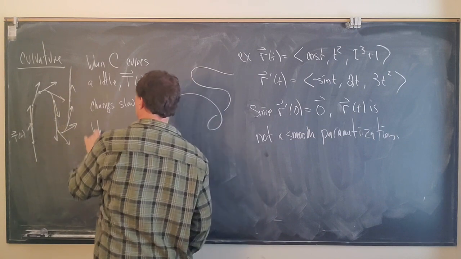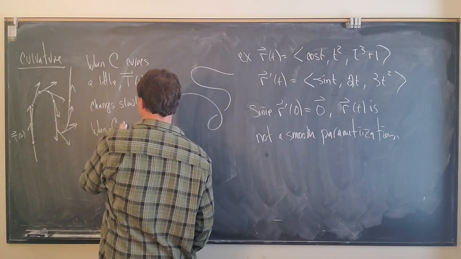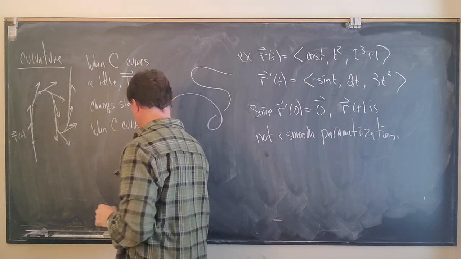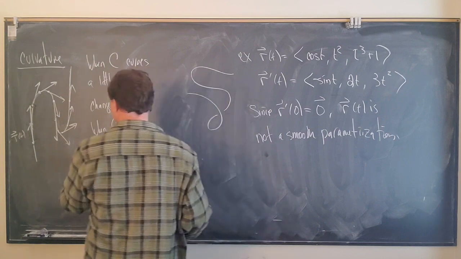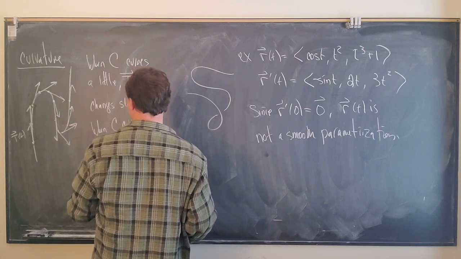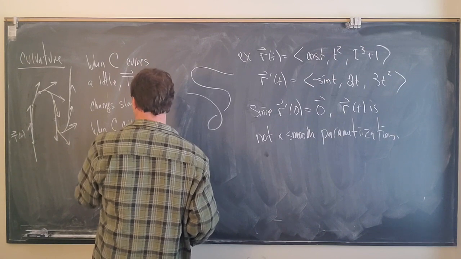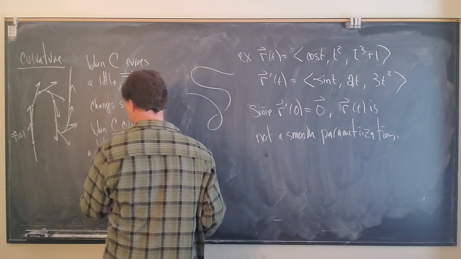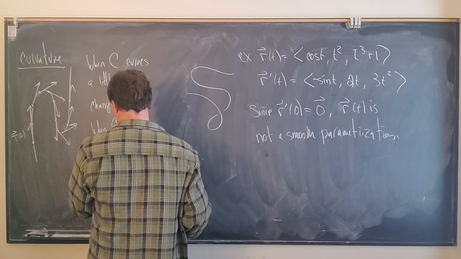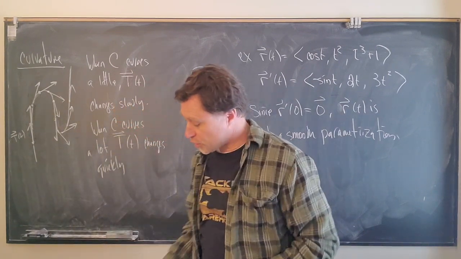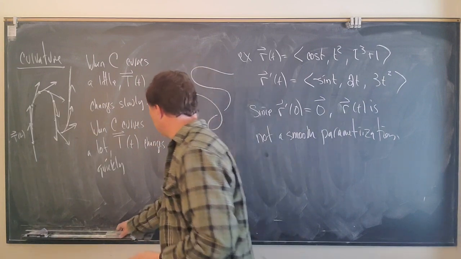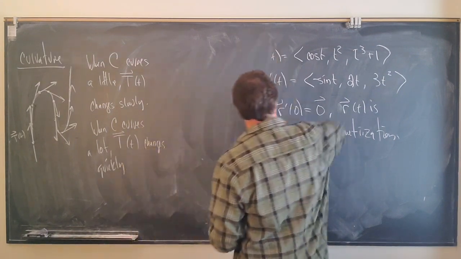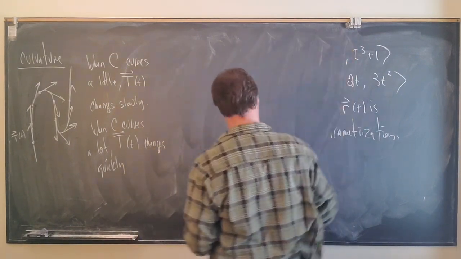When C curves a lot, the unit tangent vector changes quickly. So what we want to do then is measure the change in the tangent vector, and so we can do that.